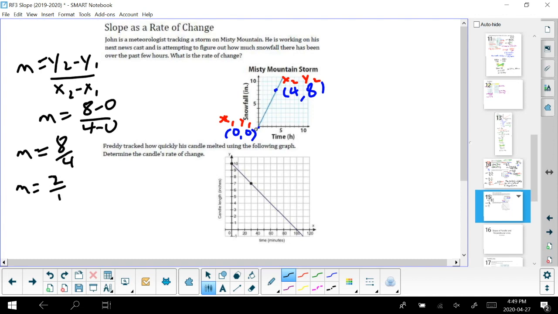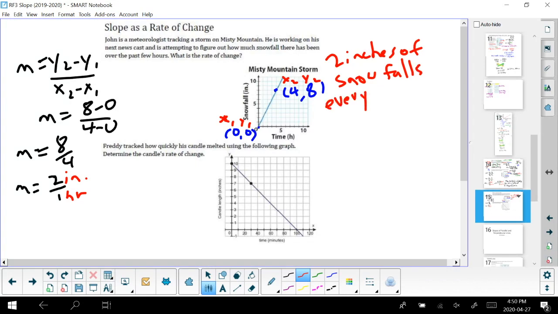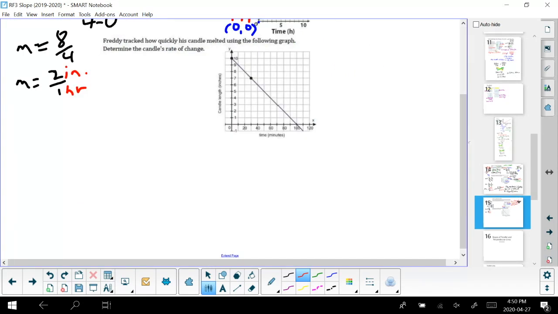Now, because we are looking for the rate of change, we're looking at this in terms of its context. This would be the rate of change representing 2 inches of snowfall per 1 hour. So we can say that 2 inches of snow falls every hour.